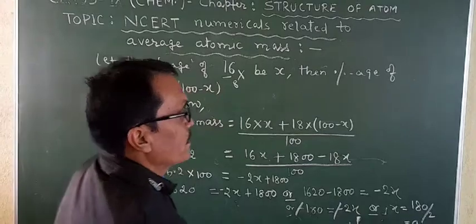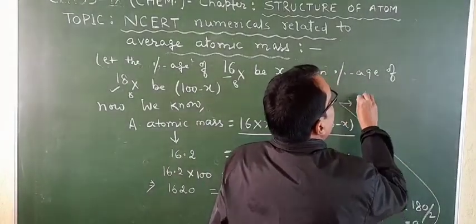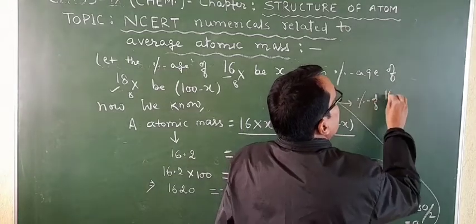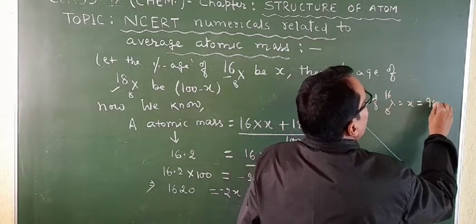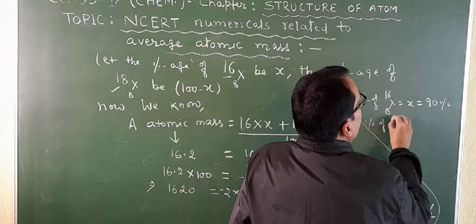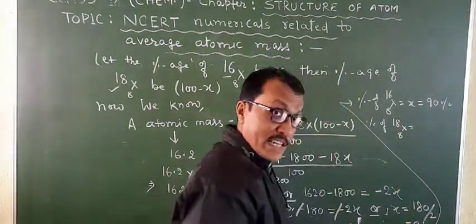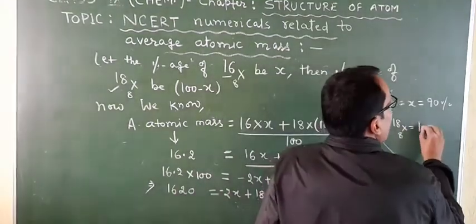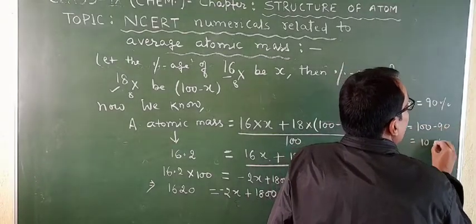It means the percentage of 16X8 equals x equals 90%, and the percentage of 18X8 is 100 minus x, so 100 minus 90 equals 10%.